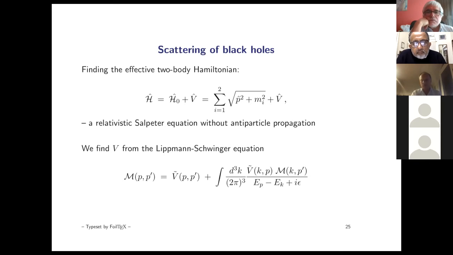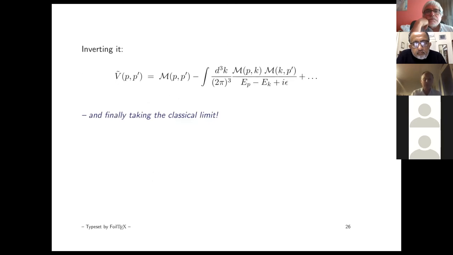They're all automatically generated by what's called the Lippmann-Schwinger equation, which I've written there. So there's a relation between the scattering amplitude and the potential, and it's a closed equation. It's an integral equation that involves these two quantities, and one can solve it in perturbation theory. Or one can invert it and say, here's the potential. If I know the amplitude to any order in perturbation theory, I know also the potential.